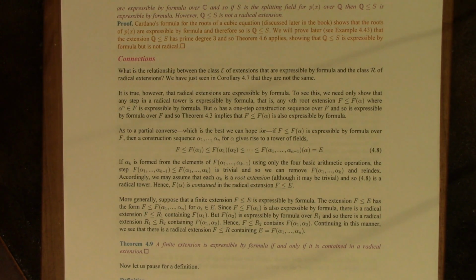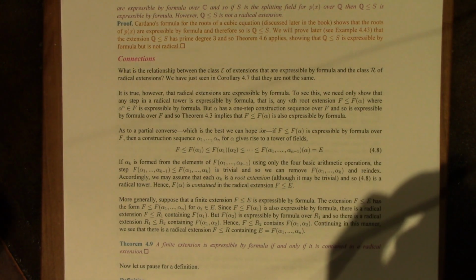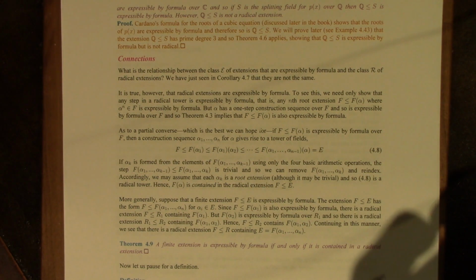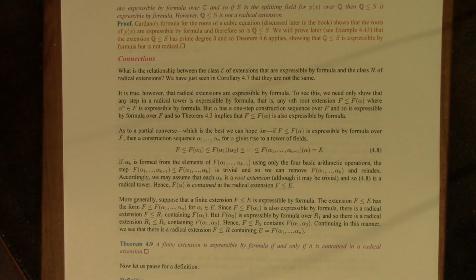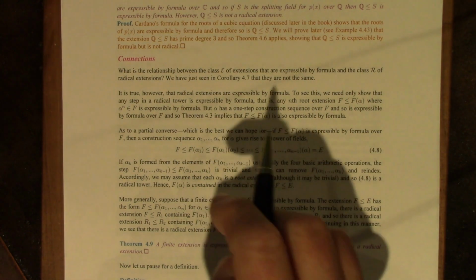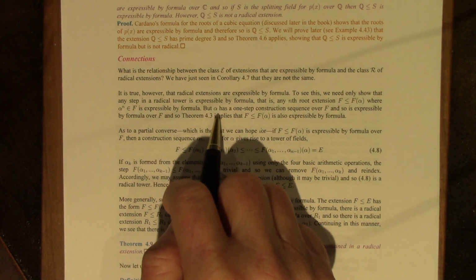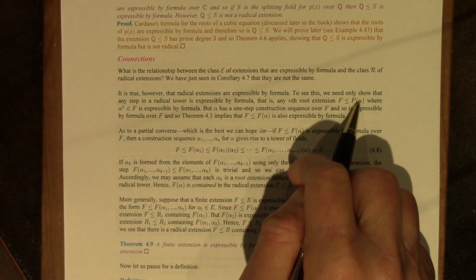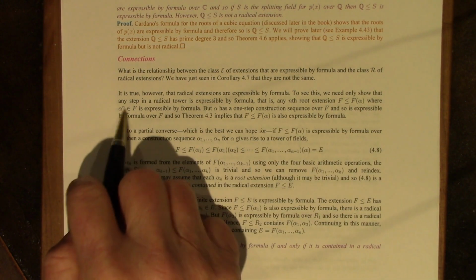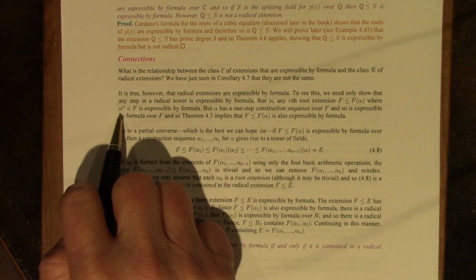Well, the generator is an nth root of something you already know about, so that's one of the 5. Taking the root is one of the 5 basic algebraic operations. So there's a one-step construction for alpha, because alpha to the n is in F. So the construction is simply to take the nth root of alpha to the n.